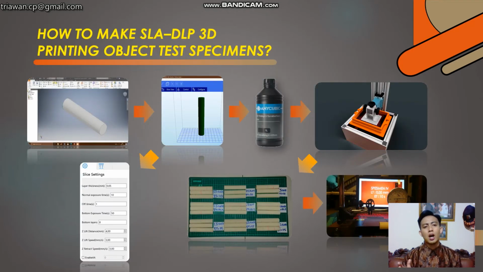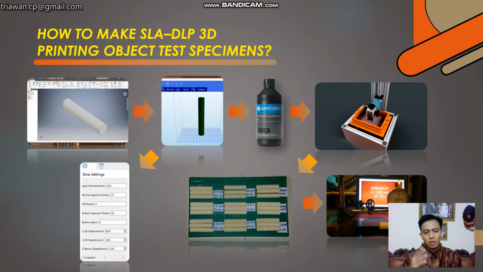Okay, how to make SLA DLP 3D printing object specimens. First we design the solid model and then convert the solid model to an STL file, and then we give the resin to the vat, and we set the slice settings.